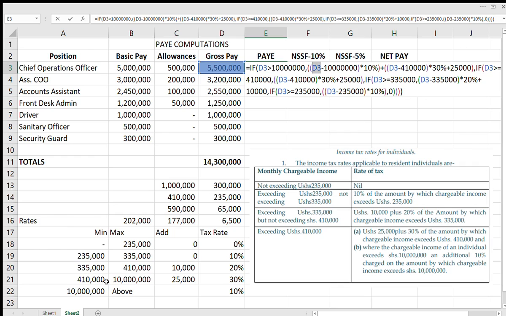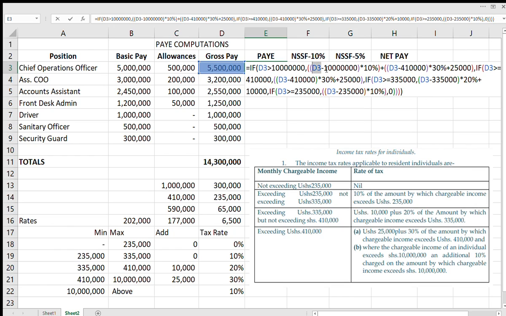We are following this situation here to create the if condition, where you see 410,000 shillings to 10 million. Yes, the difference. If this person was earning some money which is greater than 10 million, then we would get that money. We just select that cell, and we shall get that money.